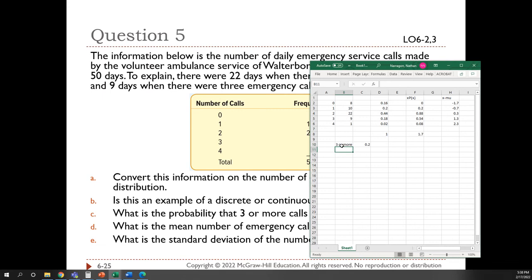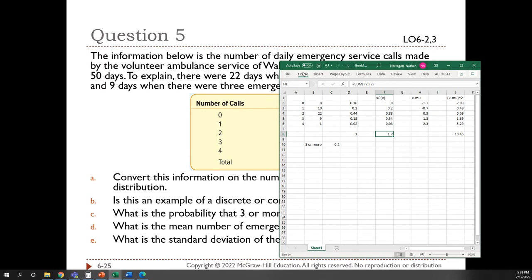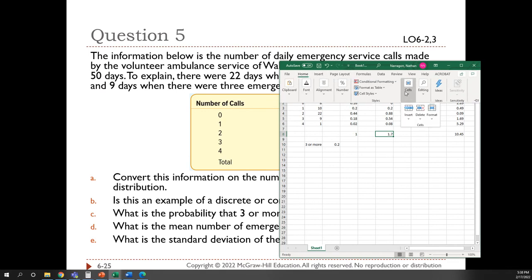Okay. For D, what is the mean number of emergency calls per day? Again, the mean is right here. There we go.